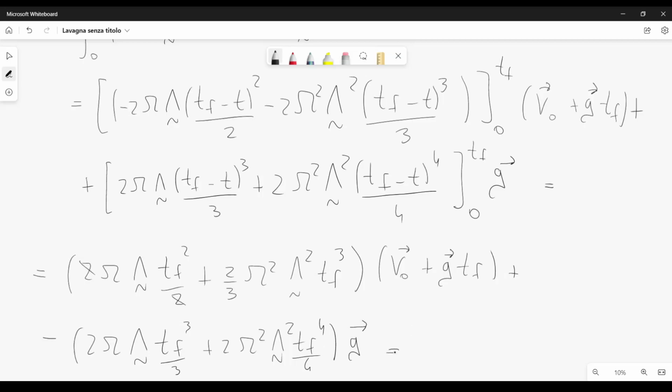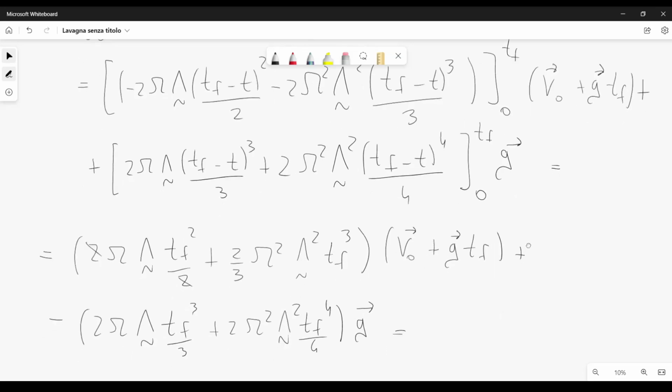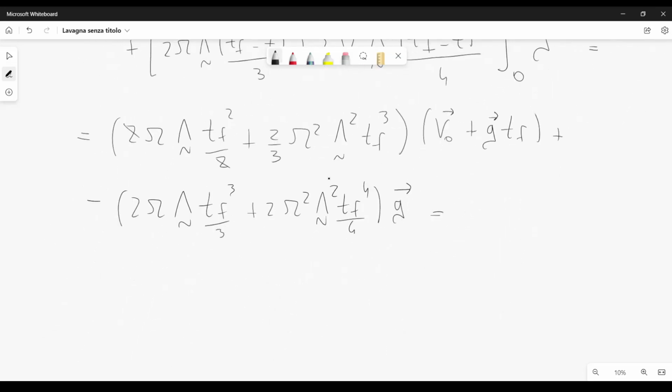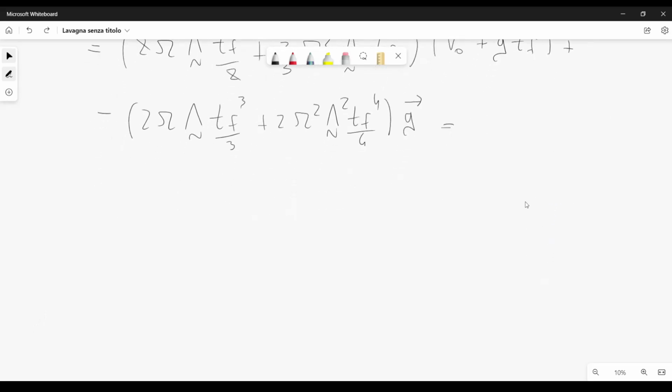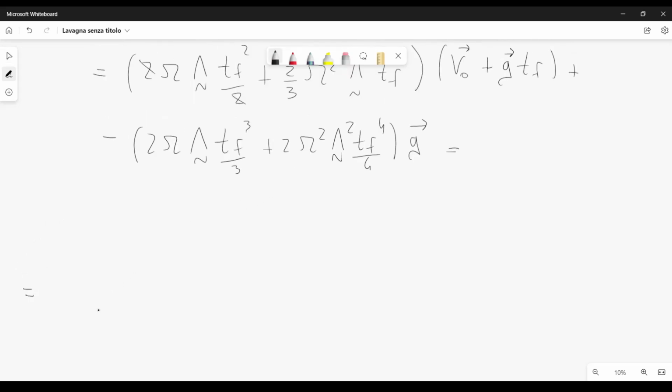And now we have to rewrite this in matrix form, because remember that here we have matrices, so it will be more convenient to rewrite our problem in terms of matrices. Let me do it here. That's equal to, if you put these two terms together, the matrix lambda and also the matrix lambda squared multiplied by some constant terms, you can rewrite this first matrix that I'm going to underline in red like this.